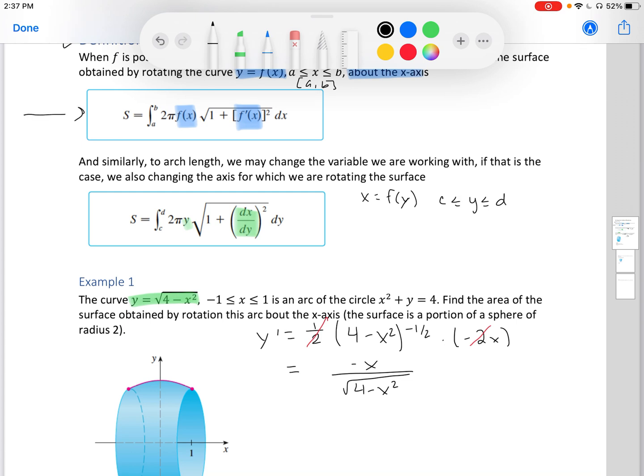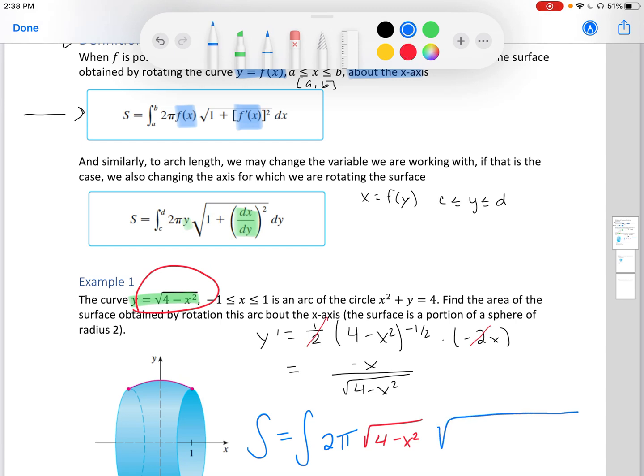So we have S is equal to our integral of 2 pi, and then we want our function, the square root of 4 minus x squared, and then we want our radical of 1 plus our derivative squared.